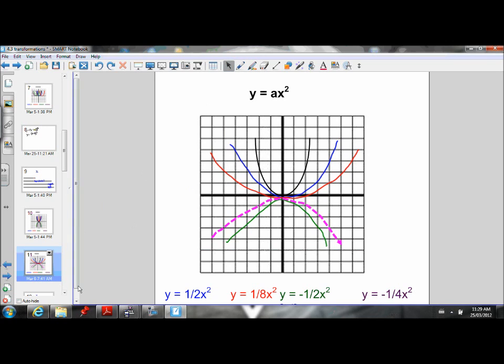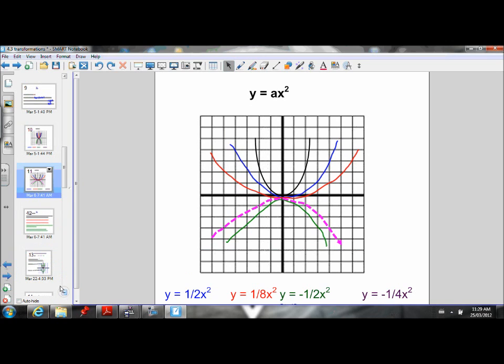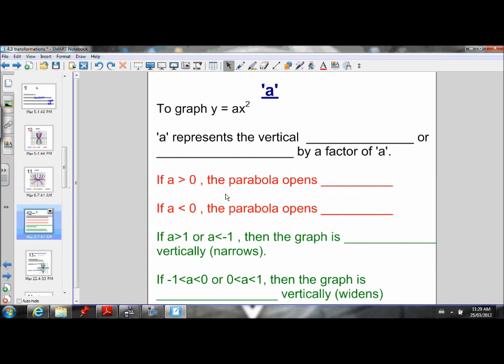Okay, now let's fill out what we've discovered about varying the a value of a quadratic function in vertex form. Let's get these technical terms right: a represents the vertical stretch or compression by a factor of a.